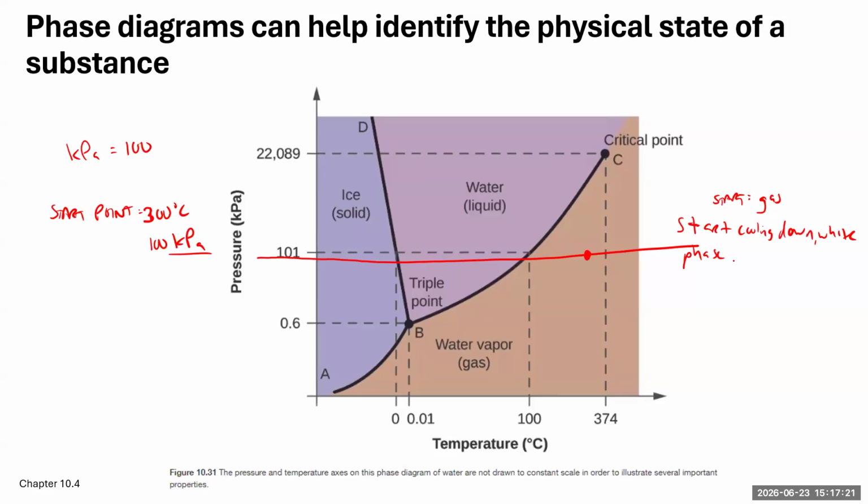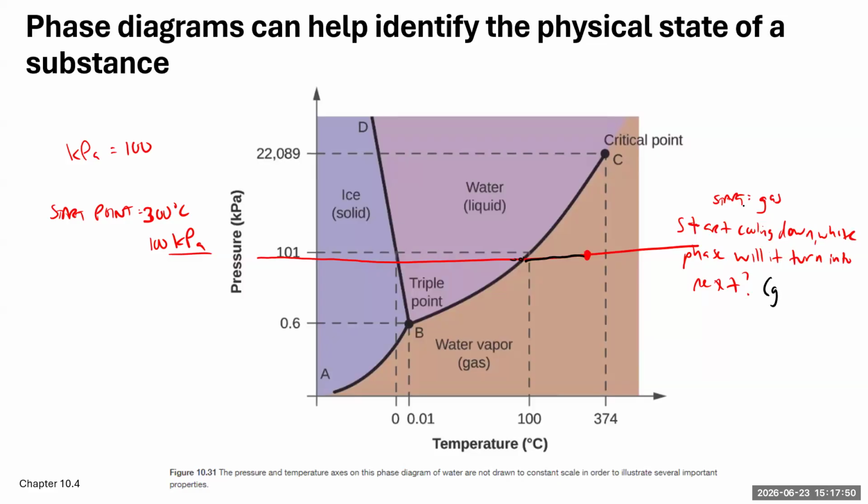What phase will it turn into? So we're cooling it down, cooling it down, cooling it down. Let me get a different pen so we could track this. Boom. Once we hit something like 95, 98, something like that, we're going to turn into water.